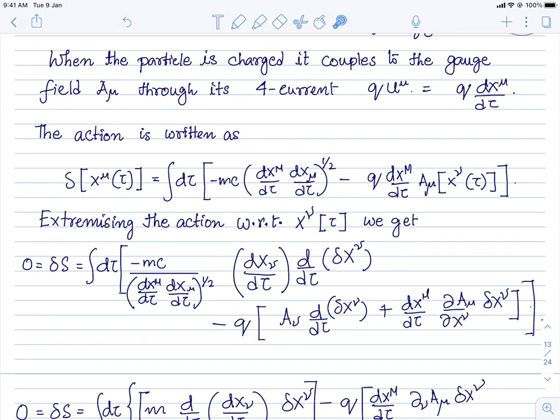Some of these matter fields that are charged under this electrodynamics can also be fields instead of particles. They interact non-trivially only if they are charged fields, and if they are charged fields, then they also transform non-trivially under gauge transformation.